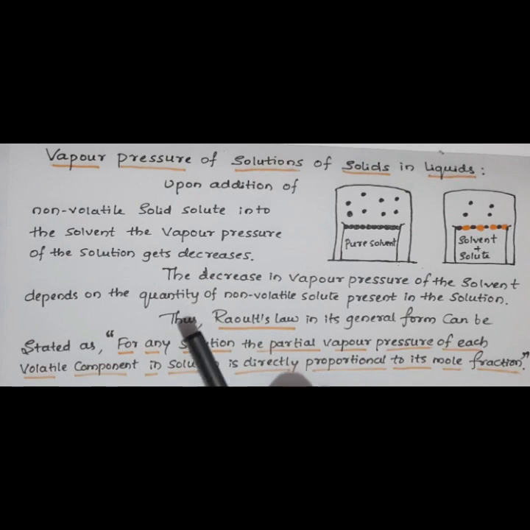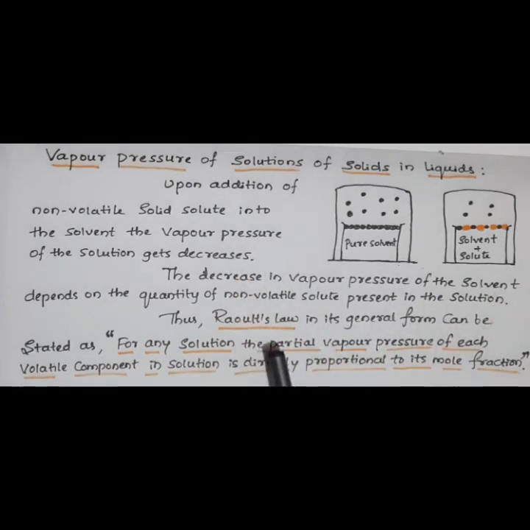Hence, in general, Raoult's law for solutions containing non-volatile solutes can be stated as: for any solution, the partial vapor pressure of each volatile component in a solution is directly proportional to its mole fraction.